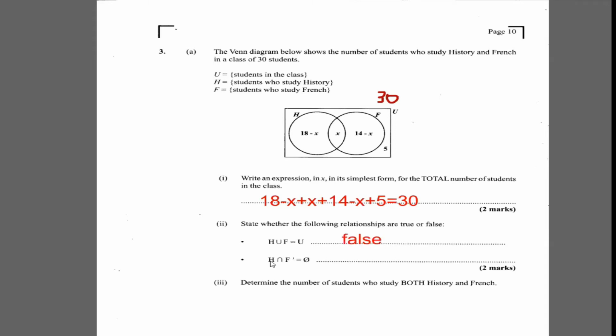Now the second one, it says H intersect F prime is a null set. Now F prime or F complement is everything outside of F. Let me shade it in green.